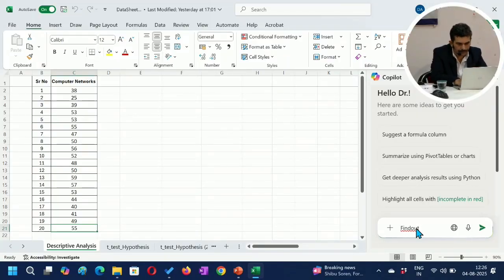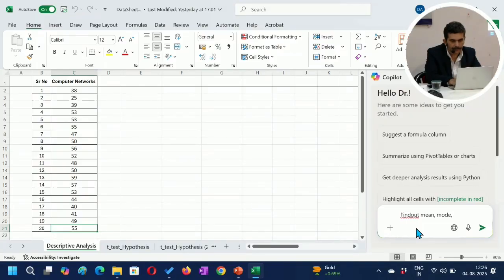Find out mean, mode, median, then variance, standard deviation, min, that is minimum value, maximum value, range, and what else? Frequency, and draw or plot histogram.